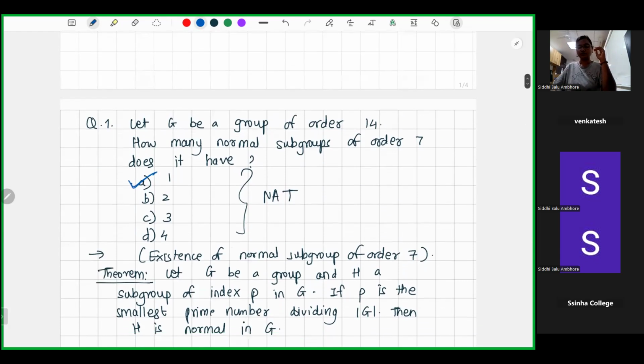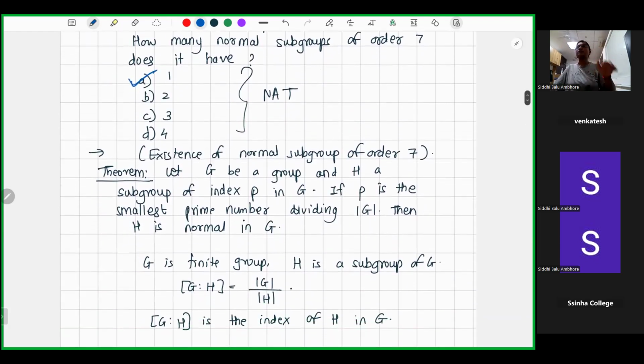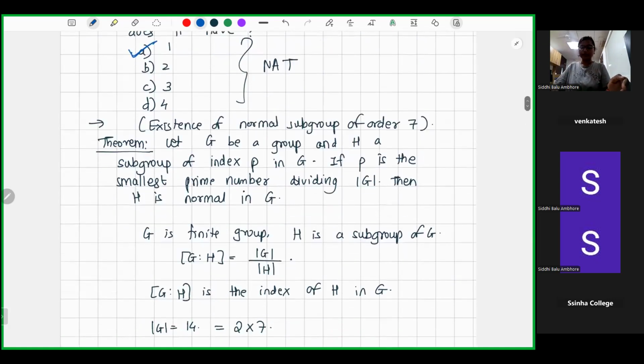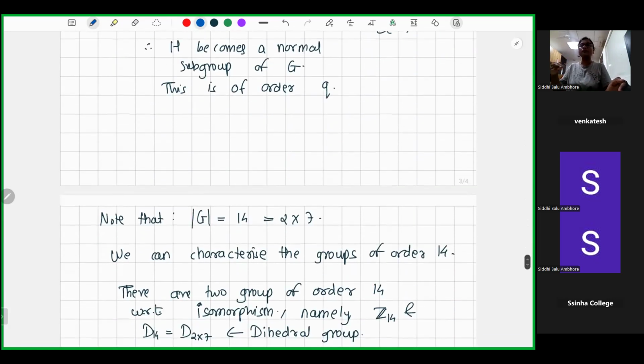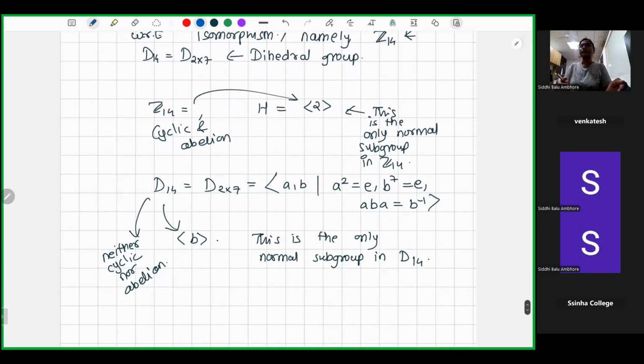Is this okay? What we started with is we first proved that there exists a subgroup of order 7, and then we know that there are only two possible groups of order 14 under isomorphism, namely Z14 and D14. In both cases, we have only one subgroup of order 7, and it is normal. In Z14 anyway, any subgroup is normal, that's not a problem.